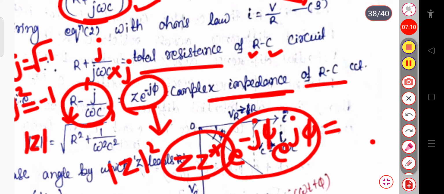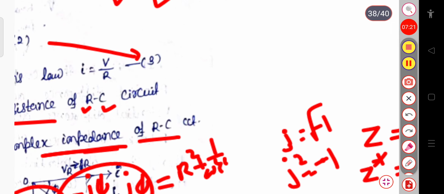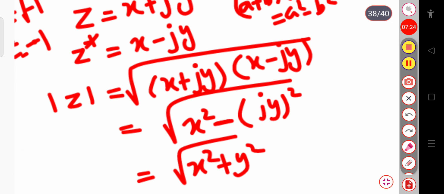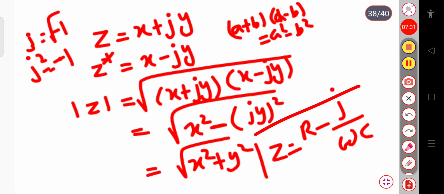Here we can write this as r square plus 1 by omega square c square, because x square plus y square, this is in the form of this r minus j by omega c. If you compare this, z is equal to this much, so the value of x is r, and 1 by omega c is your y.